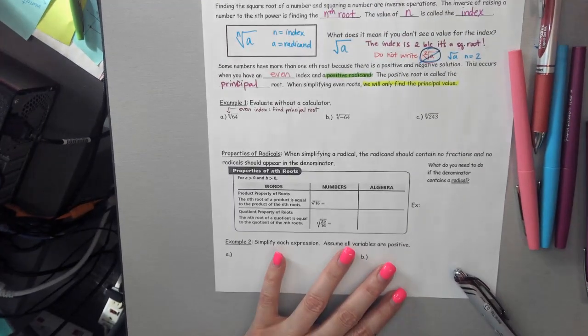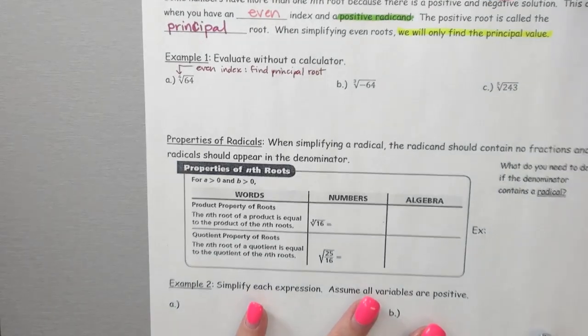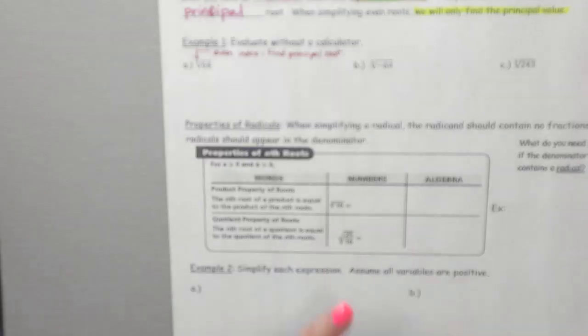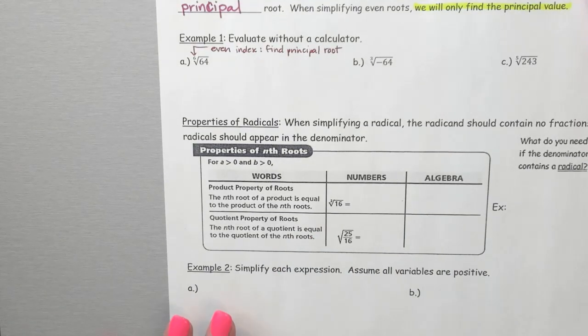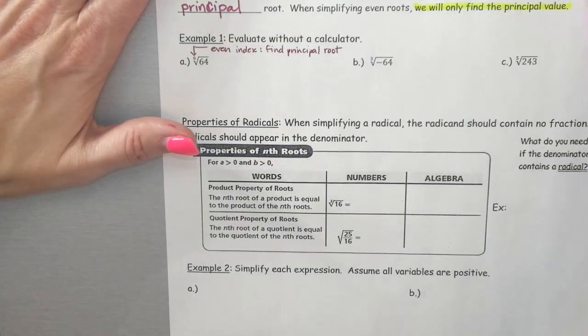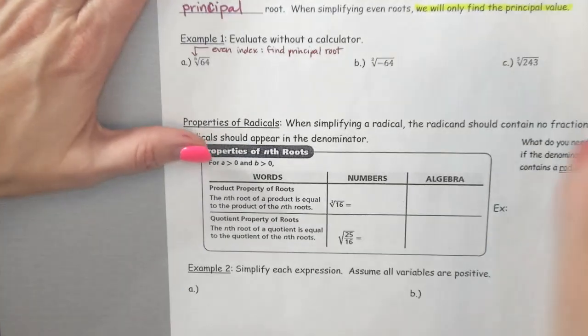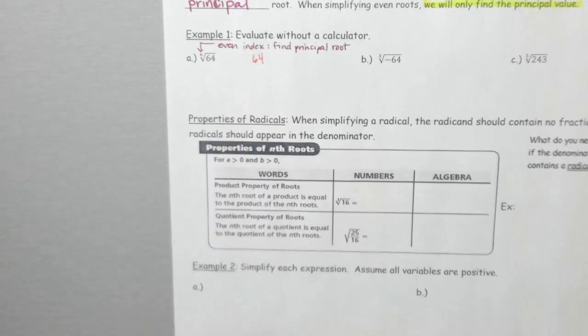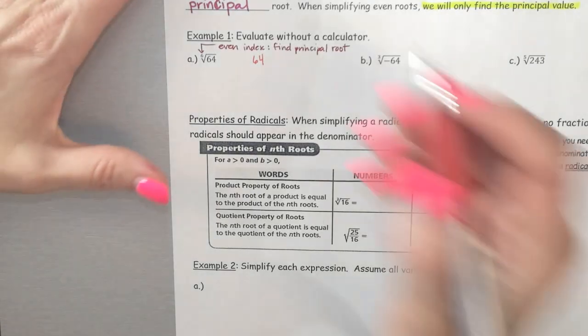And then what we have to remember is how to do our factor trees. Now, a lot of times I have you cut it in half just to make some of these quicker. You guys know that 64 is 8 times 8.